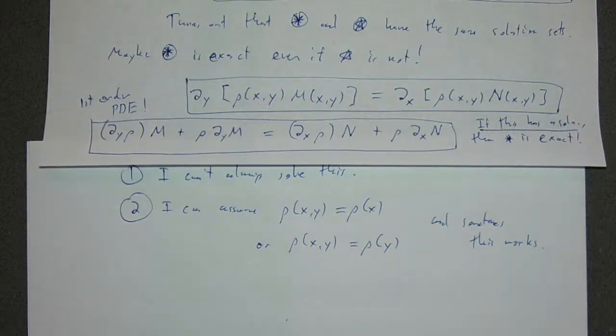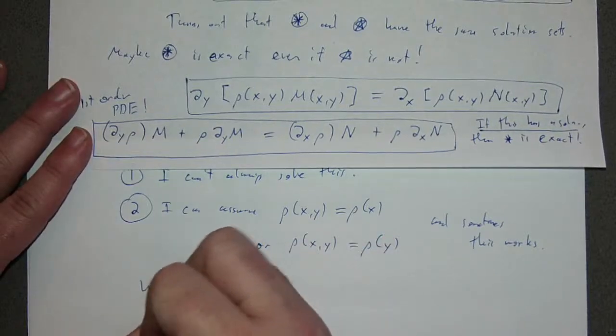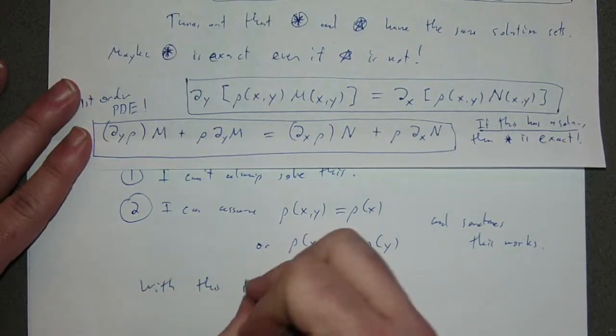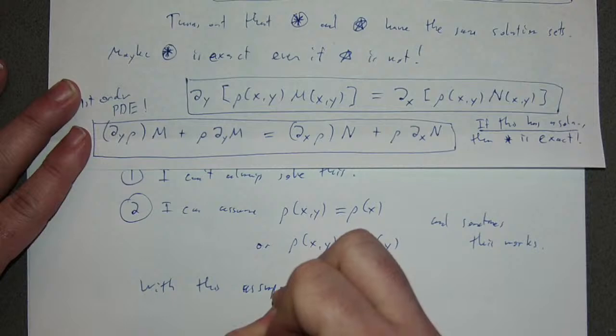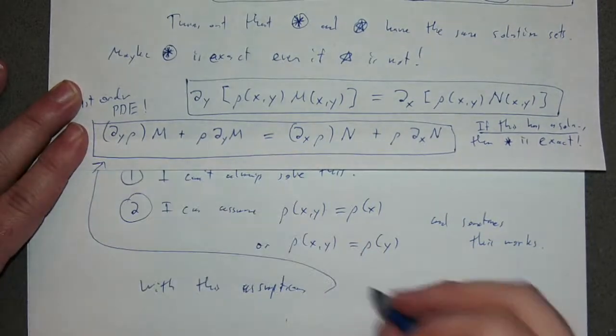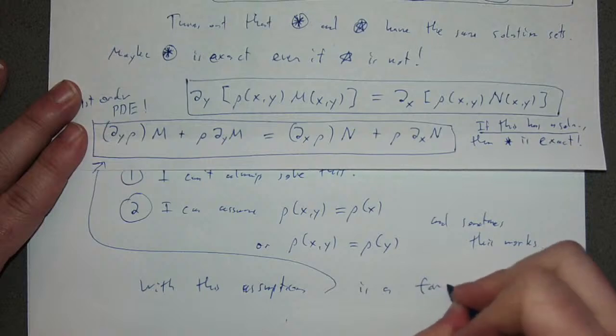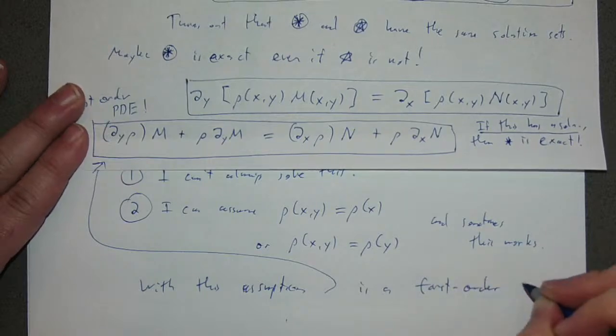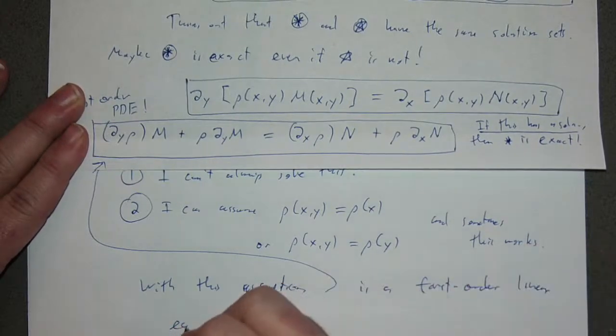Once you've done this and solved this equation, we'll see how, if you make that assumption, this turns into a first-order linear equation. So with this assumption, this equation is a first-order linear equation.